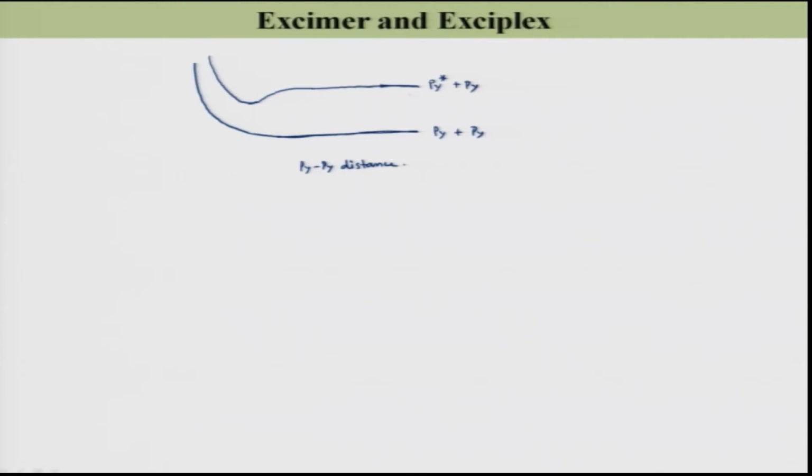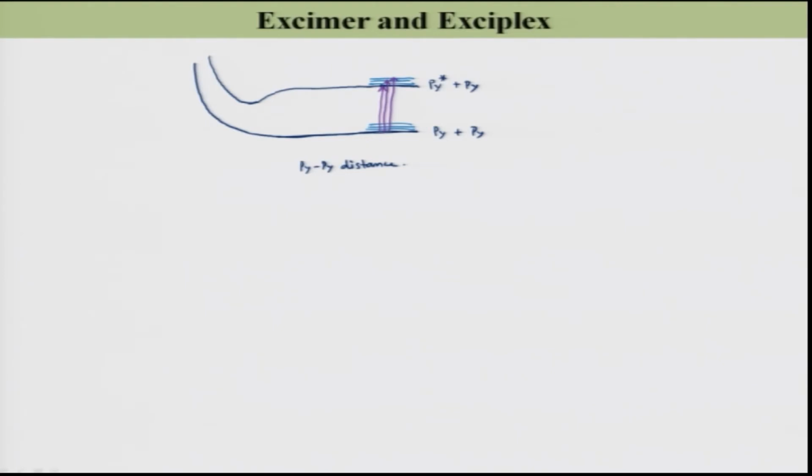Now, you look here, this pyrene will have its corresponding vibrational levels. When I am drawing at this end of the diagram, it means the two pyrenes are not interacting with each other, they are far apart. So, during any transition, like when you are exciting, the excitation will be from here to here, according to the Franck-Condon principle, here to here, here to here.